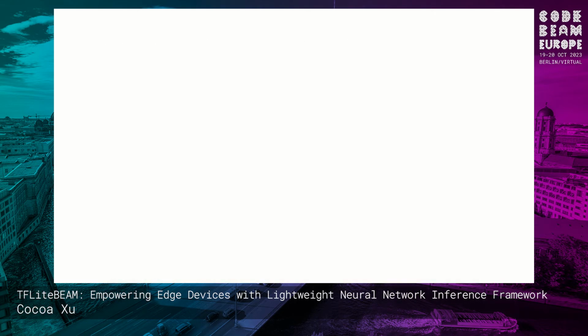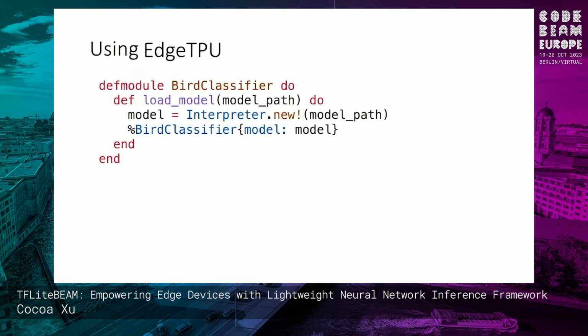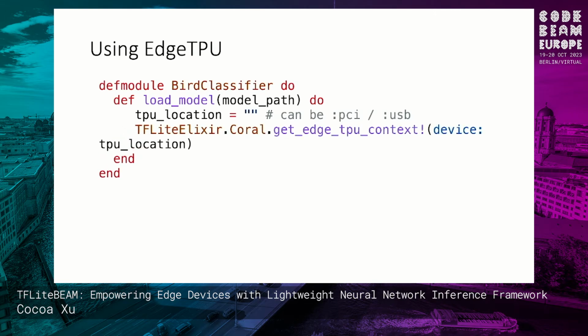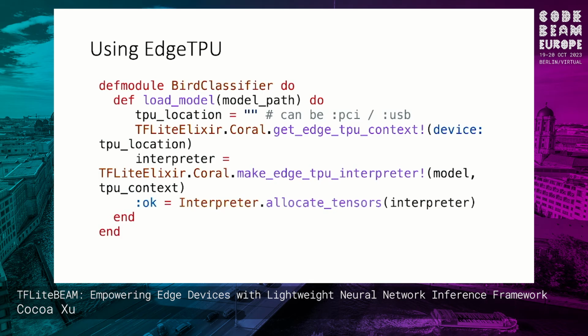Let's talk about how to add support for using Edge TPU. To use Edge TPU, you need to add those lines to your code. It will enable Edge TPU support and try to find an available Edge TPU on the system for you. It will upload the model to the Edge TPU, and then you can do everything as before, and you can get the hardware acceleration from doing that.